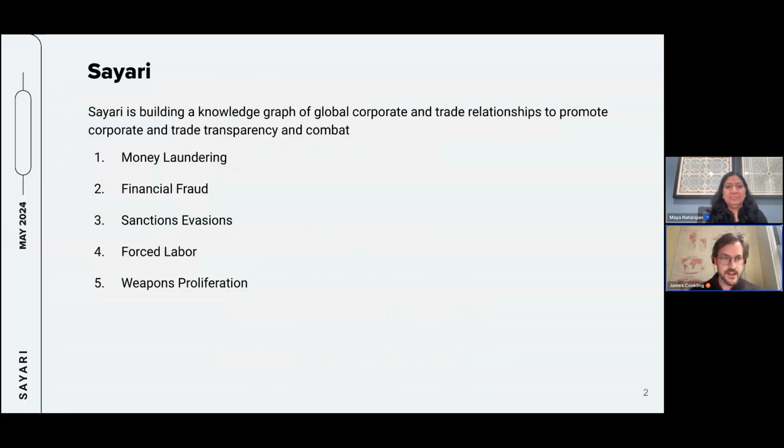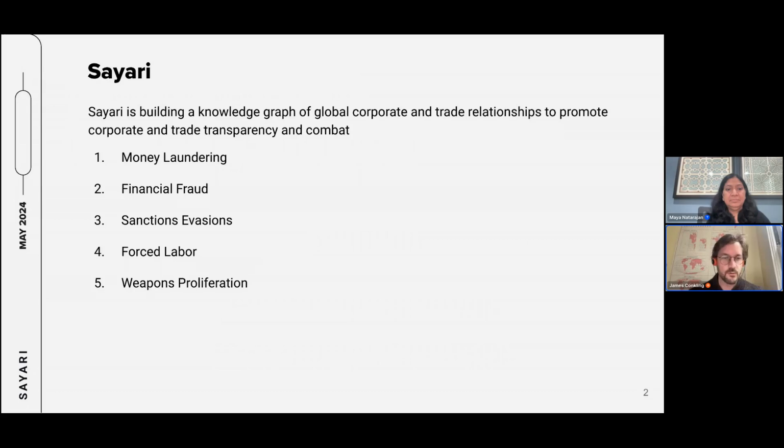So, a scene setter here, what we're doing at Sayari. Basically for the last number of years, we've been building out a very large knowledge graph of global corporate ownership and trade. This is a data set, and a whole suite of products that we're building, to do things like detect money laundering and combat financial fraud. Sanctions evasion was one of the very early core use cases.